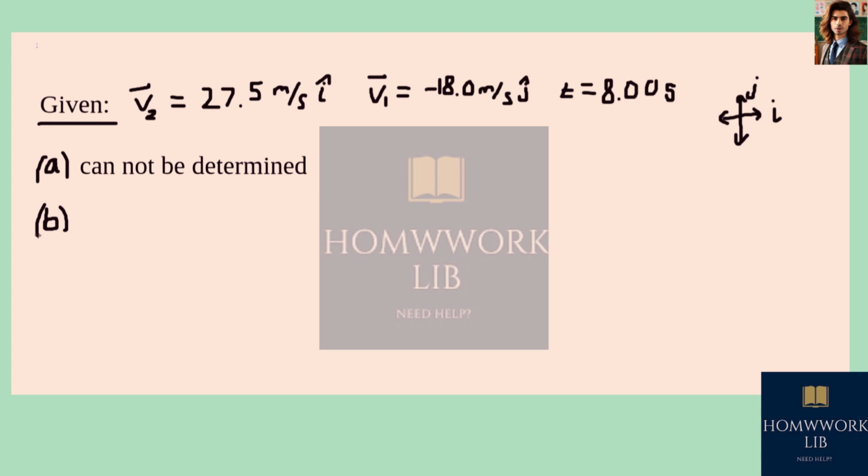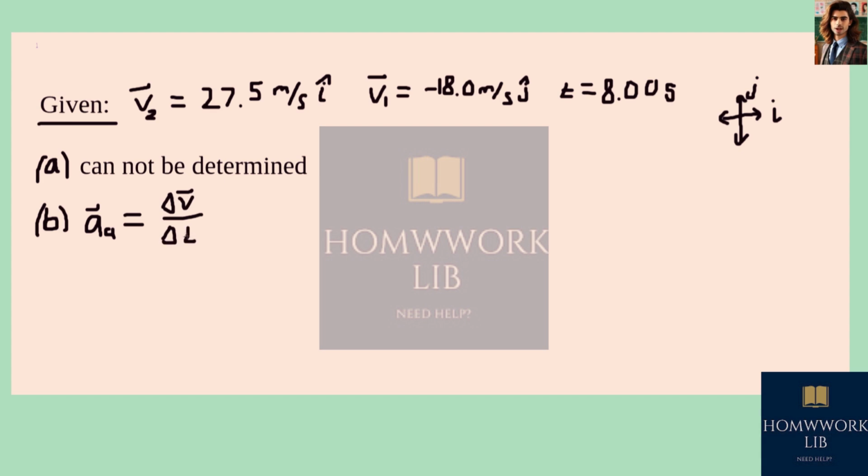Now, part B, it wants the average acceleration. Well, we do know that this can be determined, because the average acceleration, we'll call this a sub A for average, is equal to the change in velocity vectors divided by change in time.